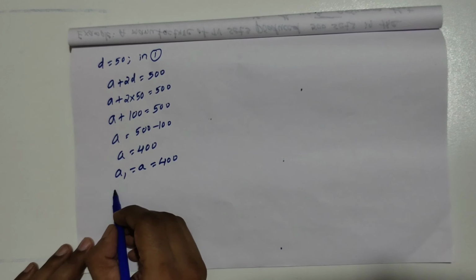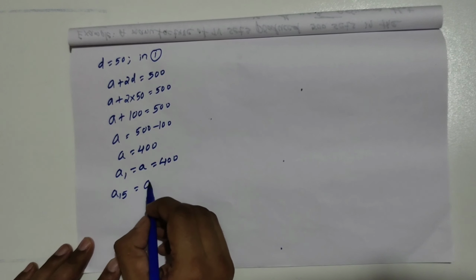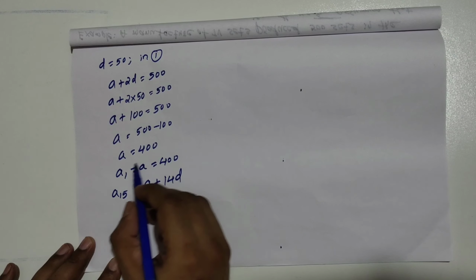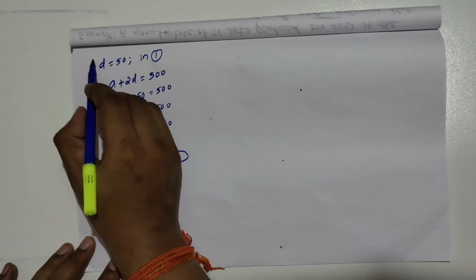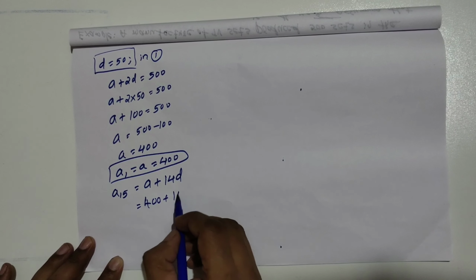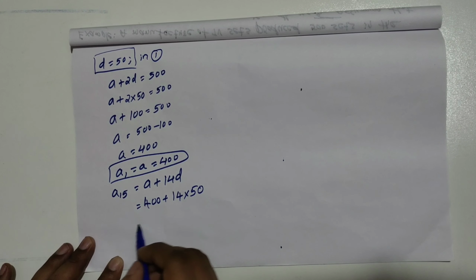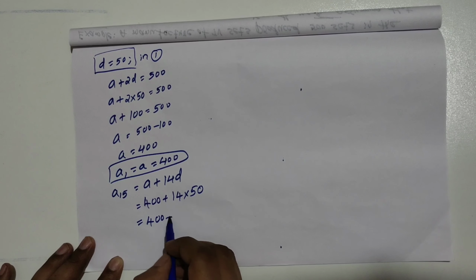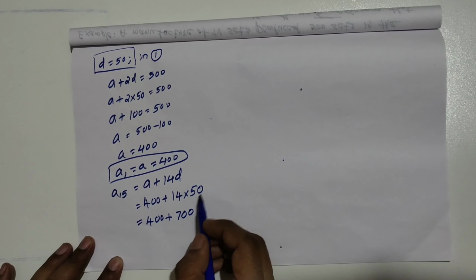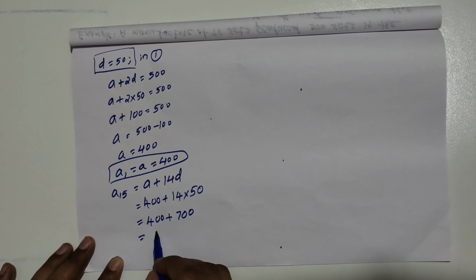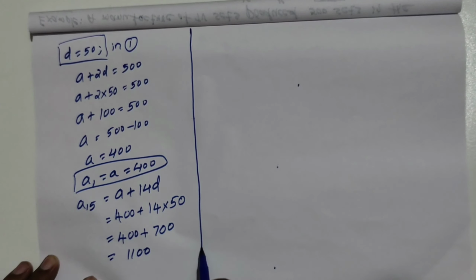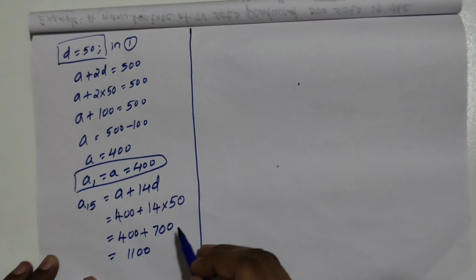the 15th year. So a15, that is a plus 14d, as we know. So a value 400 and d value is 50. Substitute them: 400 plus 14 into 50, then we get 400 plus 700, since 14 fifties are 700. So simply we get 400 plus 700, 1100.